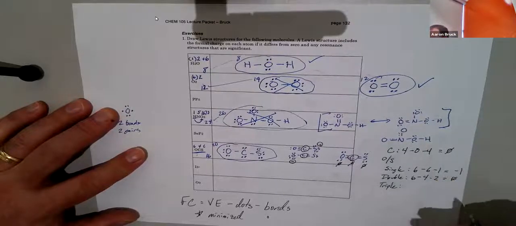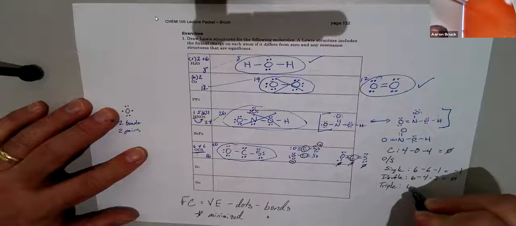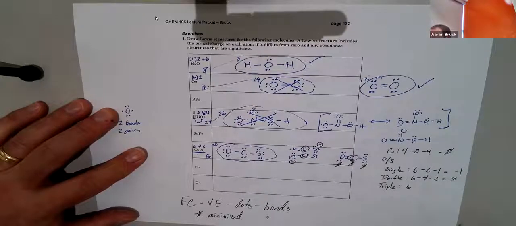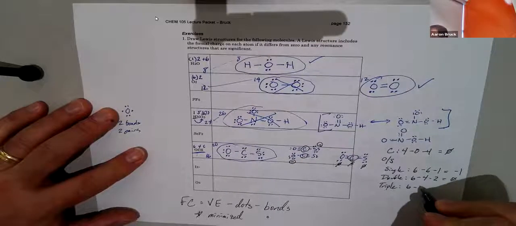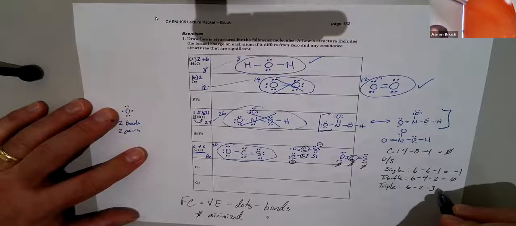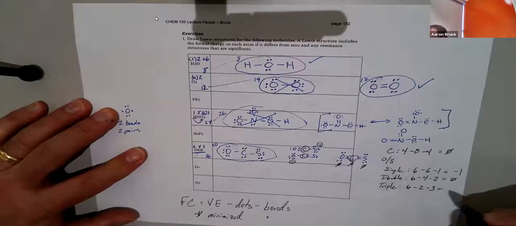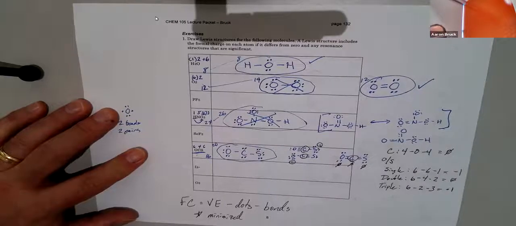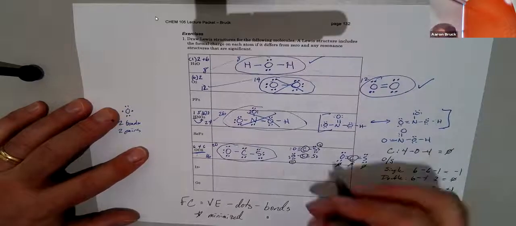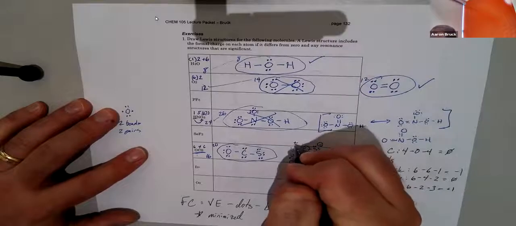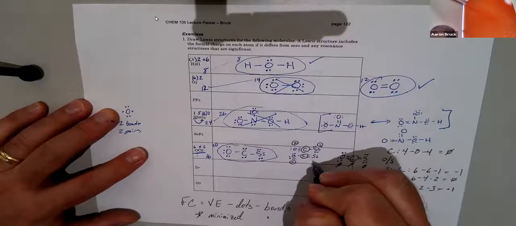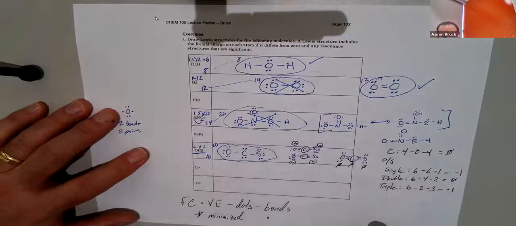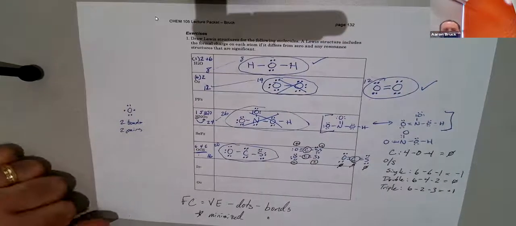For the triple bond, 6 valence electrons, 2 dots, 3 bonds. 6 minus 2 is 4. 4 minus 3 gives me a +1. So the oxygen in the first structure has a positive charge. The sulfur in the second structure has a positive charge.